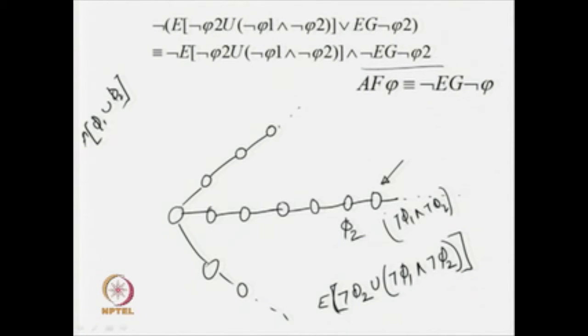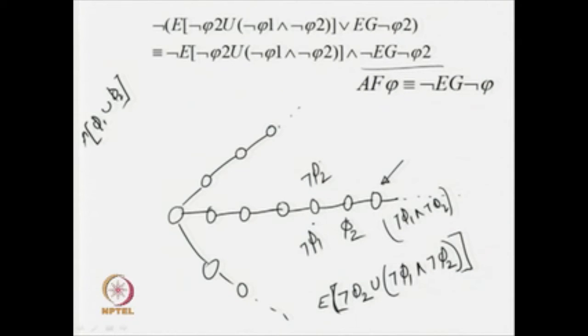So, negation is true over here. But what will happen in this particular state? Say if not of phi 2 is true over here. Okay. Along with that, say if not of phi 1 is also true, then what will happen? Not of phi 1 and not of phi 2 will be true.